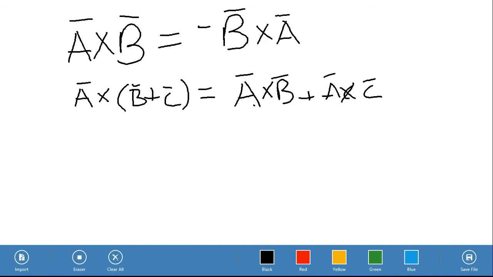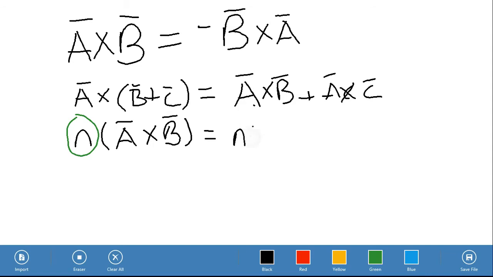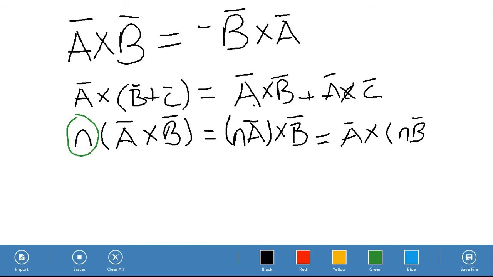The last one involves n, a scalar. You could write it as n, as alpha, or as any scalar. So n times (A cross B) is going to equal (nA) cross B, and moreover it's also going to be equal to A cross (nB). Again, this is a fairly straightforward property that I'm sure you're familiar with.